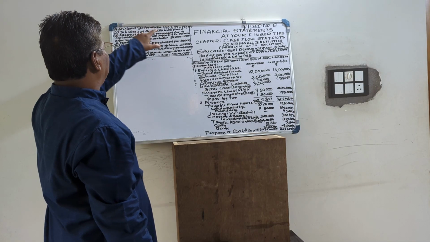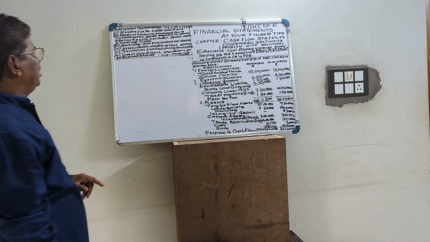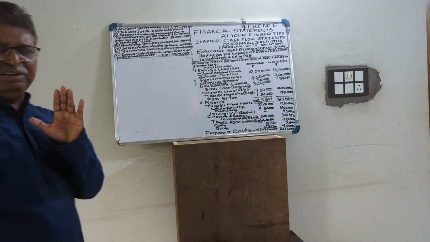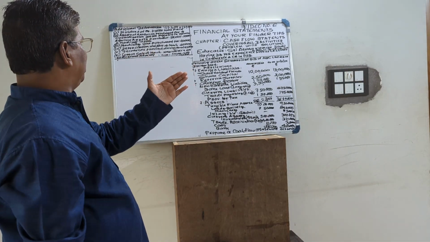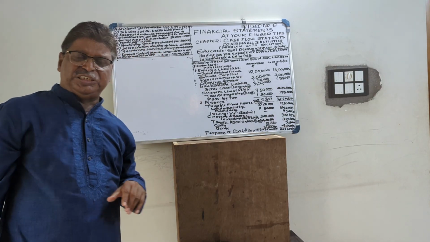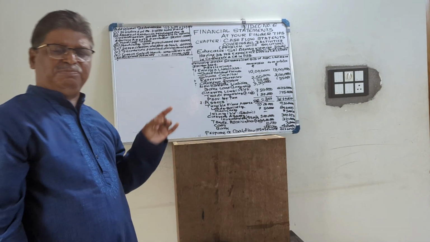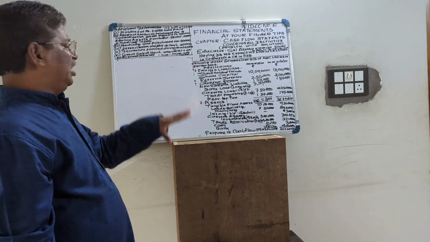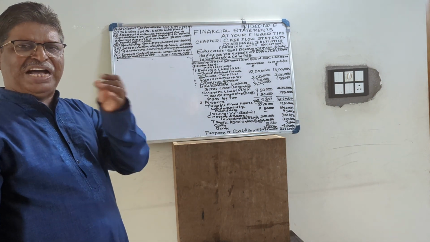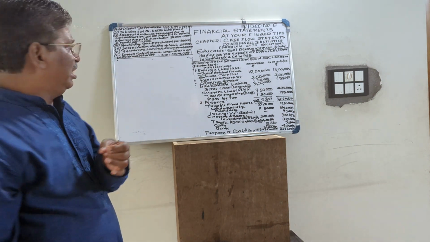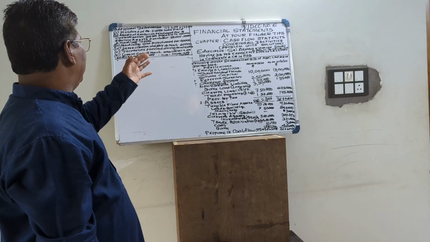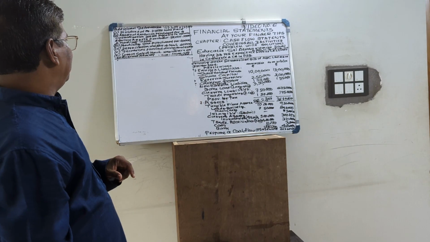Dividend of 1,15,000 was paid. That means the dividend we already discussed: the previous year's dividend proposed by the board of directors in their meeting, in the next year it is passed in the annual general meeting, then it is treated as payment of dividend.